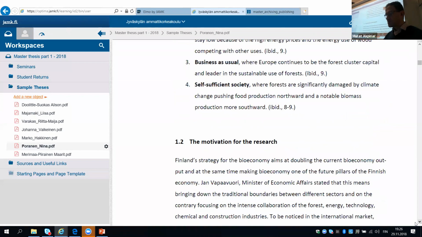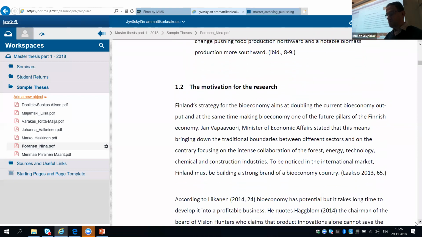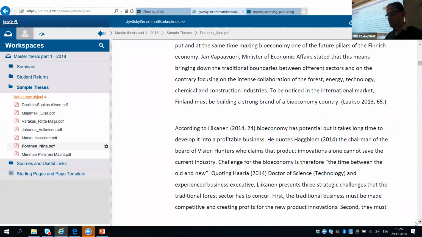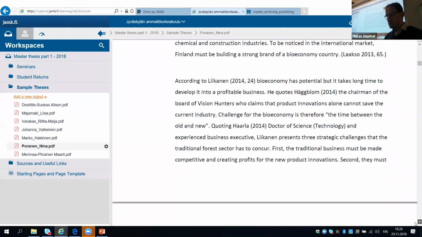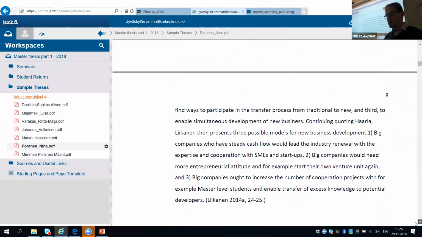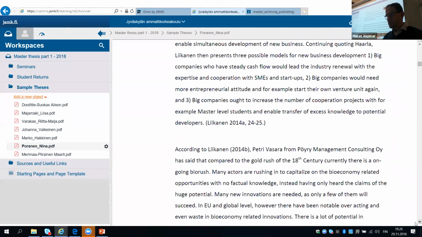So she starts with Finland's strategy for bioeconomy in general. And we see here for the motivation now very good support from academic literature as well.